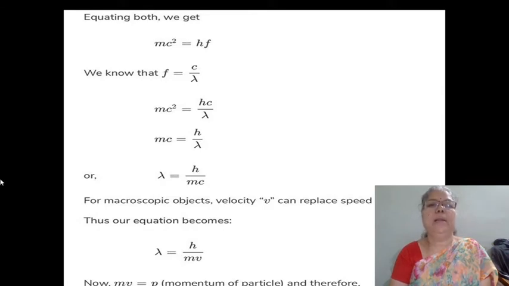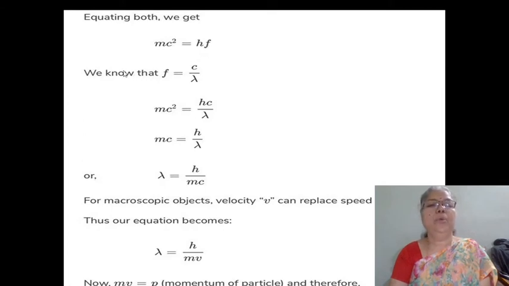famous equations. According to Einstein's theory of relativity, the energy associated with mass m is given by m c square, and it is equal to the energy associated with one quantum, which is h into frequency, where h is again the Planck's constant and f is the frequency.